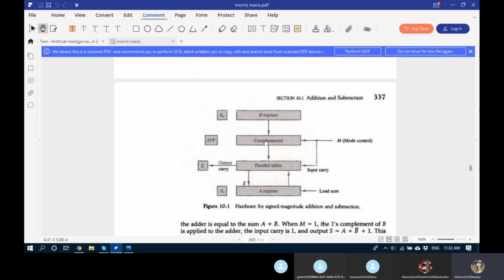and this complementer, if you are performing a subtraction operation, can anyone tell me how subtraction operation is performed on a digital computer?